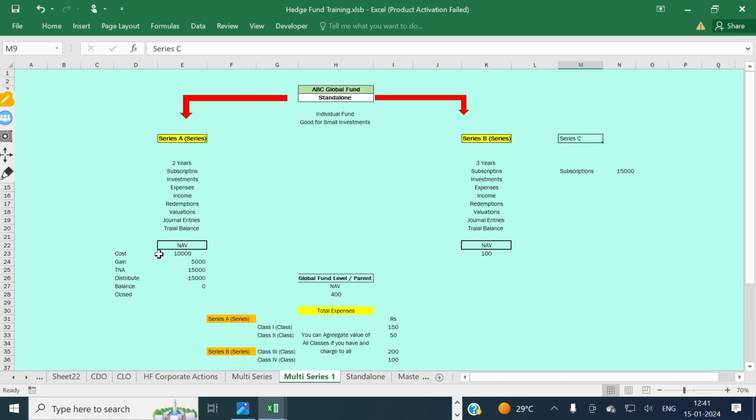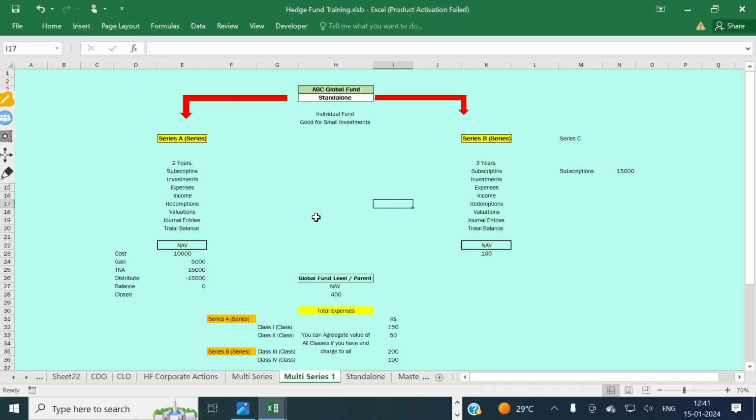This is how we perform accounting with the different series. All right, let me know if you have any questions around this.